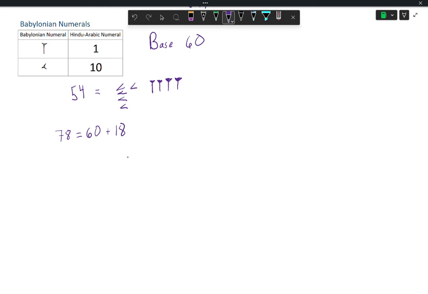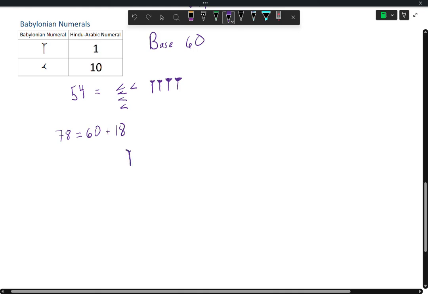In other words, they would write their symbol for 1, leave a little gap, their symbol for 10, and then 8 of their symbols for 1. Kind of regretting doing something with an 8 at the end, but such is life.